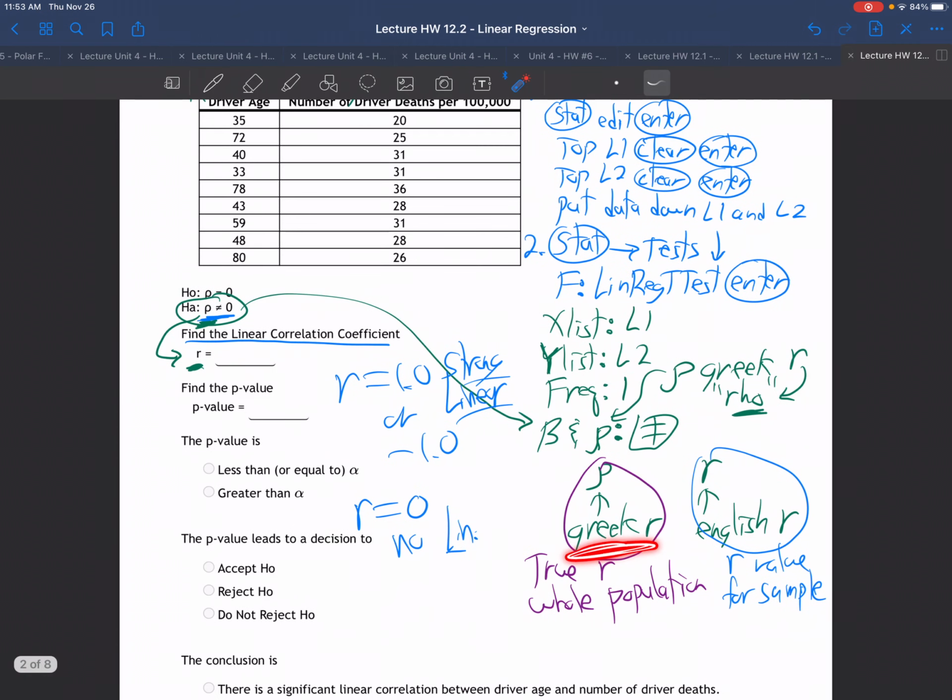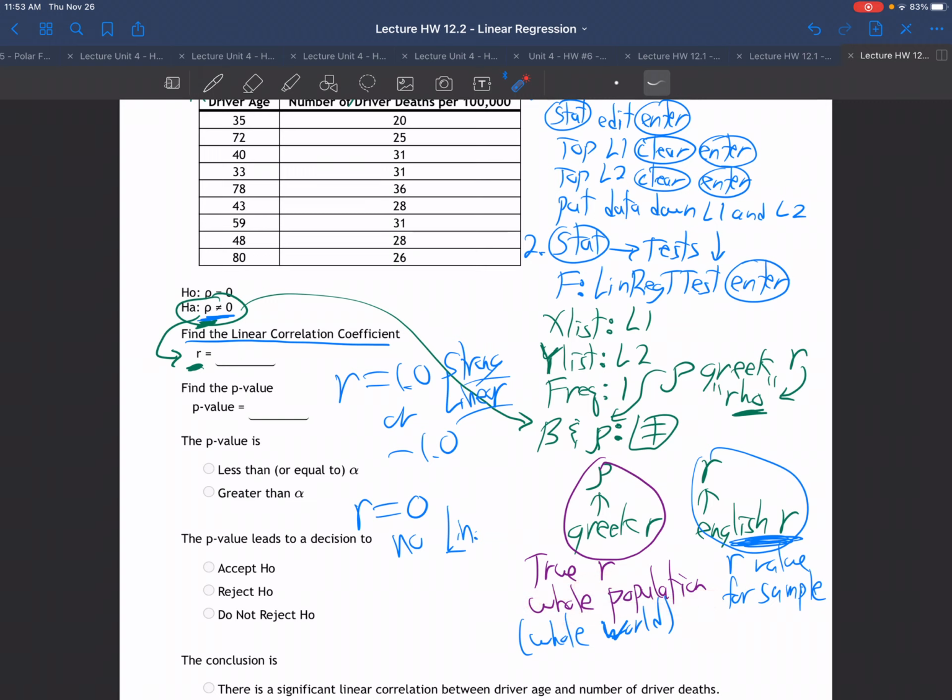Okay, so that's the Greek R. It's the true R for the whole population. When we say whole population, we mean the whole world. So we're going to let the value of R for our sample of 9 drivers tell us something about what might be the true R, which we always write with a Greek letter, for the whole world.